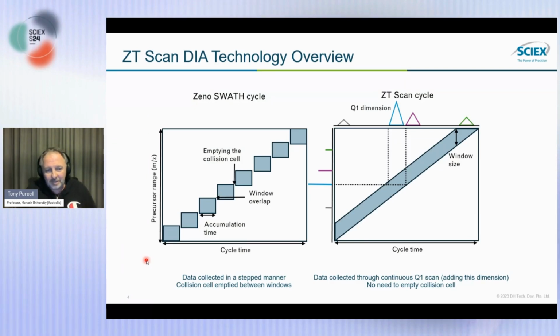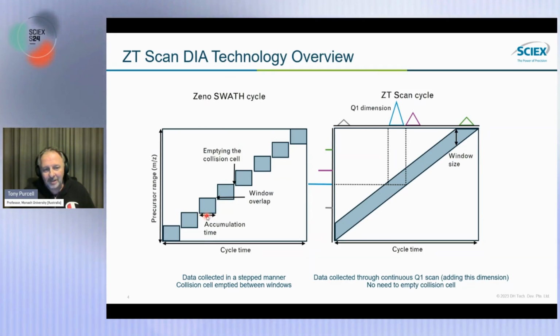The windows typically are around 10 to 20 AMU. They can be used in a variable method, so you can focus your analysis on busy parts of the mass range. And another key element is that during this accumulation of the window, which includes a TOF scan plus then MS/MS of all the ions that are gated within this window, the collision cell needs to be emptied between moving to the next window.